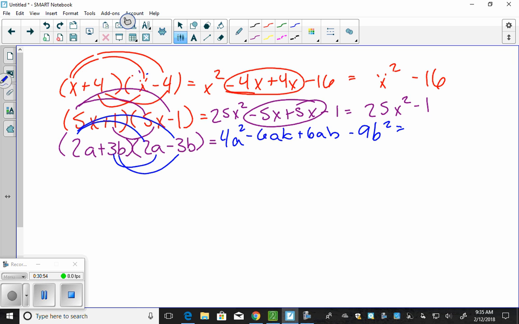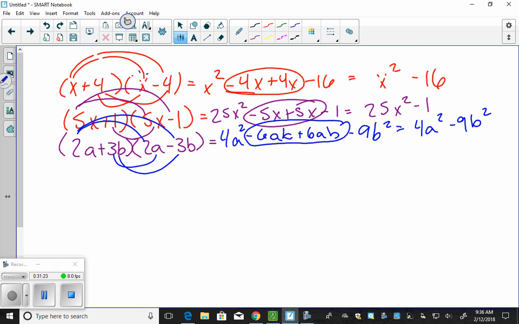What happens with the middle? They cancel out. 4a squared minus 9b squared. This is a pattern. It's called a difference of squares. Meaning that when I factor, my middles automatically cancel out, so I'm left with two numbers on the ends.